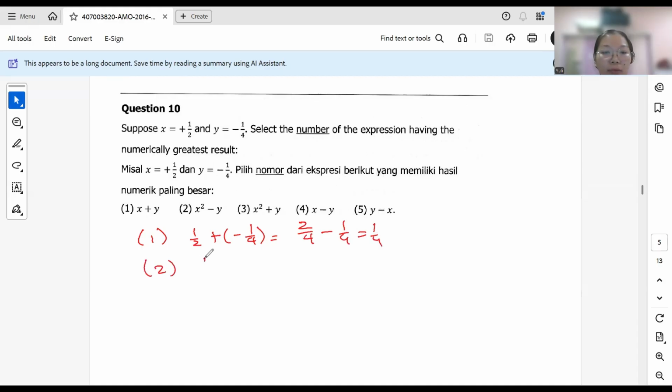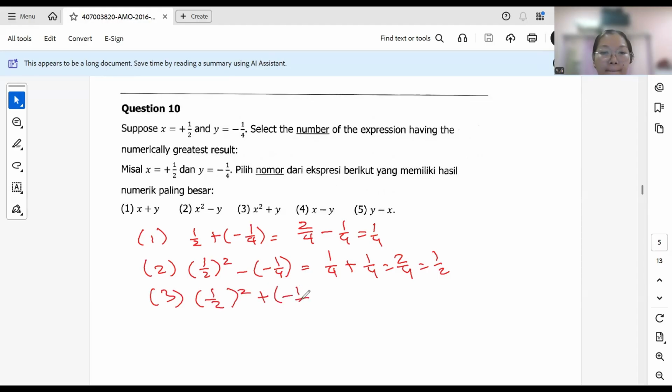Number 2, number 3, number 4, sorry, this is going to be 2/4, and it's going to be 1/4.